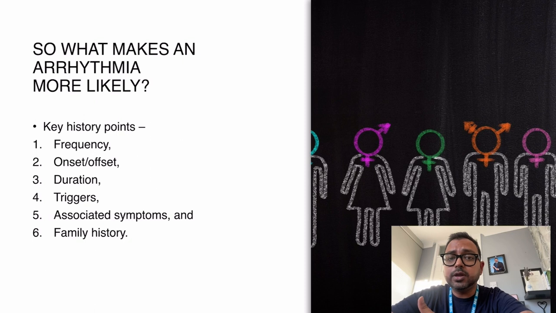If it is gradual in onset and lasts for a long time, arrhythmia is unlikely. Triggers like waking up from sleep, loud noise, you need to inquire about swimming, are associated or not. Or any fever may lead to tachycardia with palpitation or not. Any other associated symptoms and the family history.